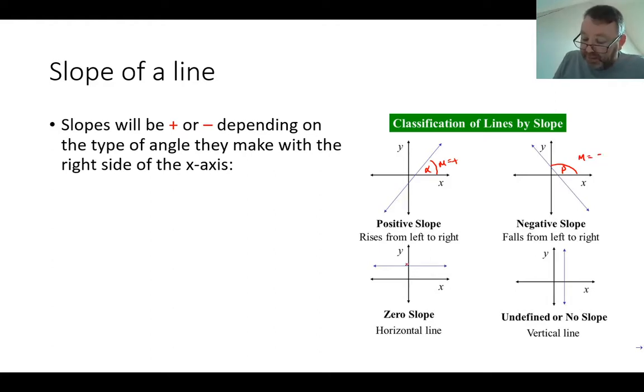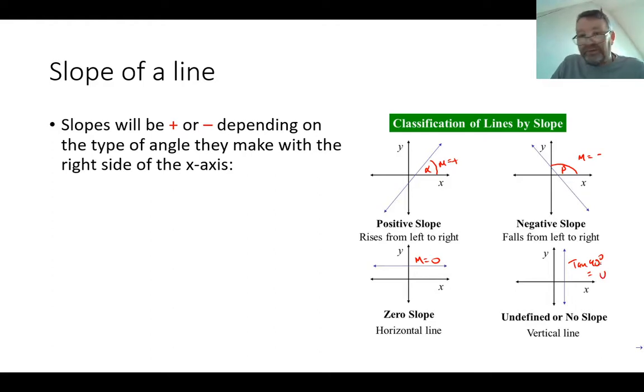Here it doesn't even hit the x-axis, so it doesn't make any angle, so therefore the slope will be 0. Or if you bring it down onto the x-axis, it would have an angle of 0, so the slope would be 0. Here, yes, it runs through the x-axis and it makes 90 degrees, but I want you to tap 90 degrees into your calculator. The tan of 90 degrees comes out on your calculator as a syntax error.